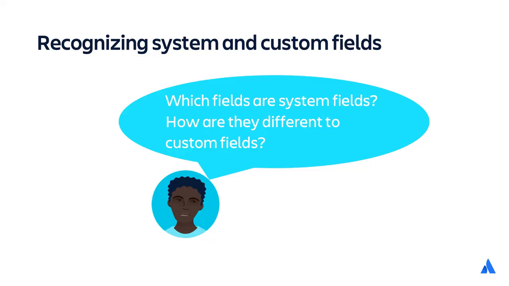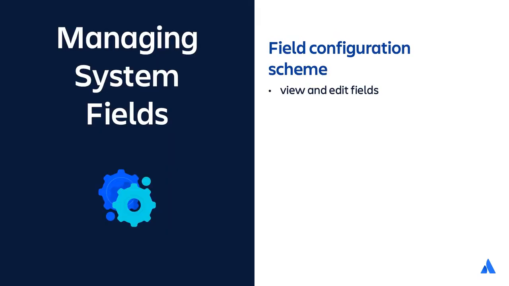If you are a new Jira administrator and are working on a site that has already been set up for some time, you might find yourself thinking, how do I determine which field is a system field and which is a custom field? You can view and edit system fields in field configuration schemes. When we say edit here, we mean in a limited way.